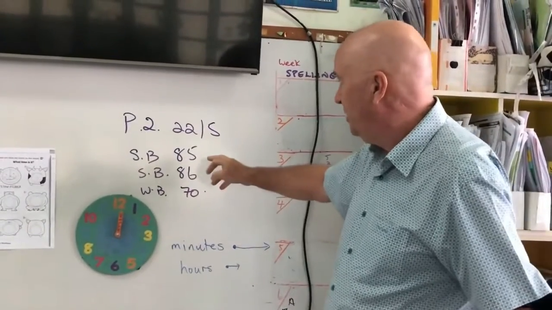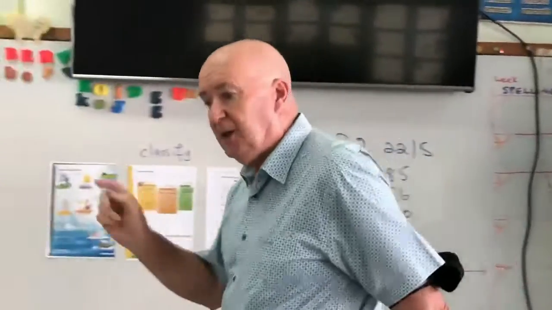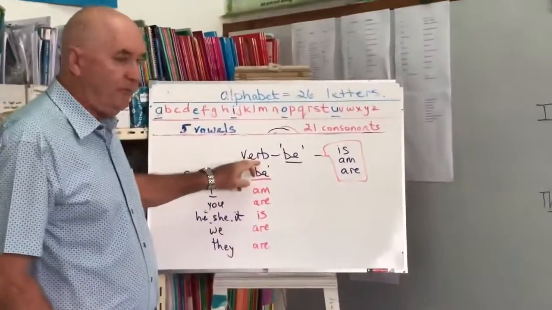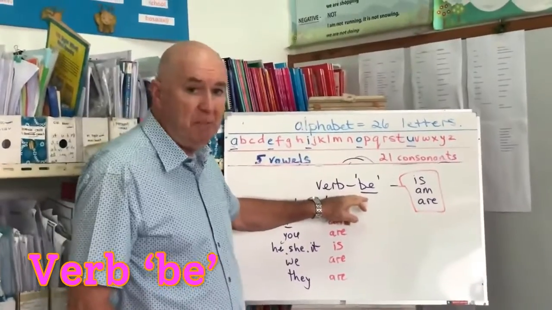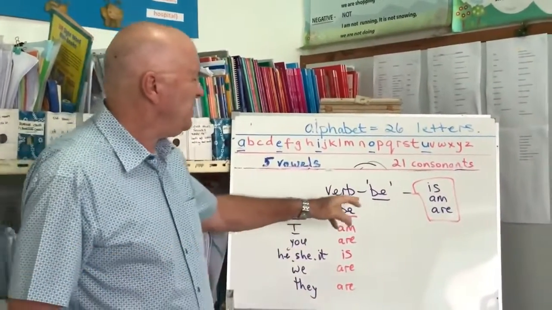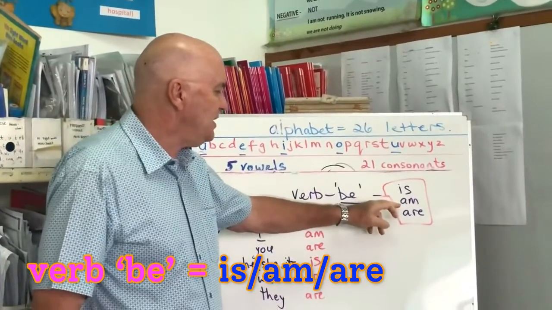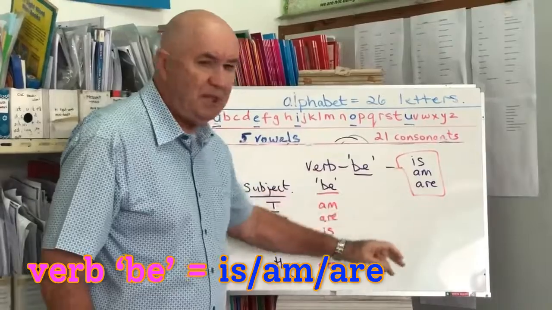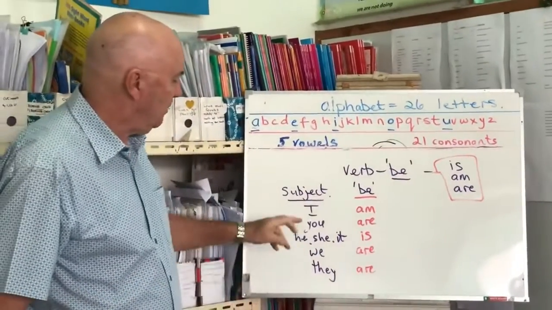Now, the first one, student book 85, is all about our friend, the verb be. And remember, the verb be, we don't say be, we say is, am, or are. So, which one is it? Depends who we're talking about.